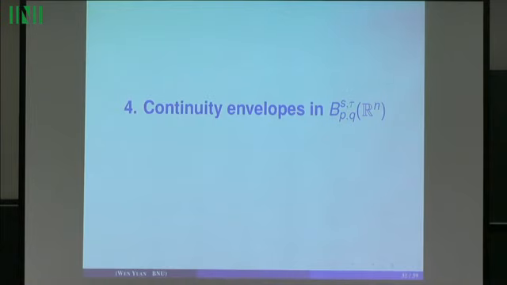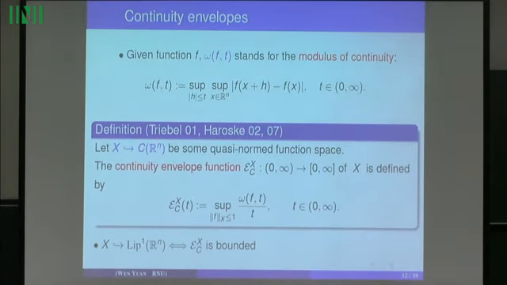Finally, we can use these embedding properties to consider the continuity envelopes in this tau space. It is known that continuity envelopes were introduced by Triebel in 2001, and also by Haroske later. We need to define this notion using the modulus of continuity of a function, omega f t.